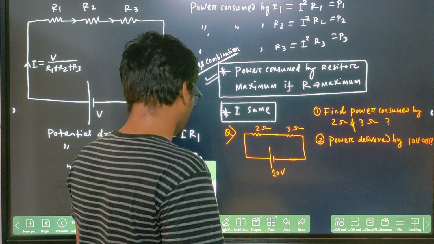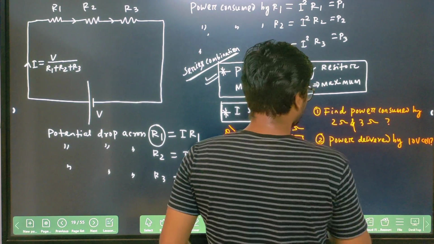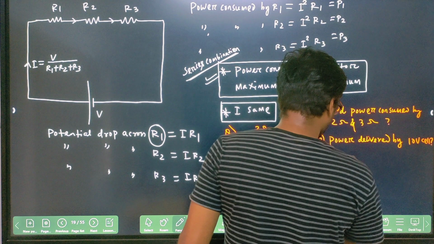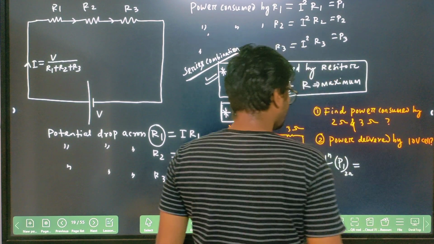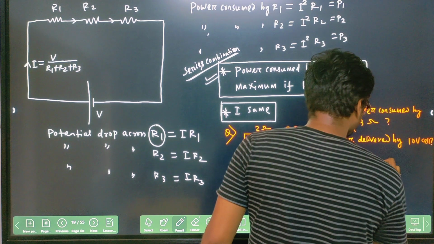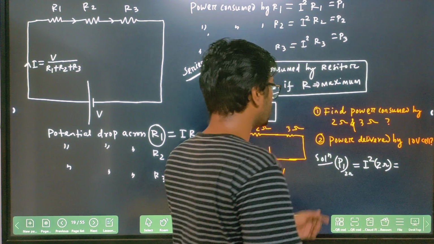So what you will do, you will say that in solution, power consumed by 2 ohm resistor. So I am writing P1, power consumed by this 2 ohm resistor. You know that this will be I square into R, so this will be I square into 2 ohm. So can you find out the current here?